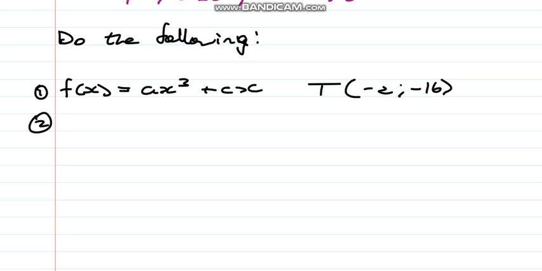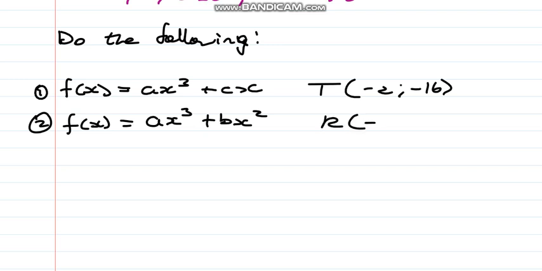Number 2: f of x is equal to ax cubed plus bx squared, and I give you point r, which is minus 1 and 1.